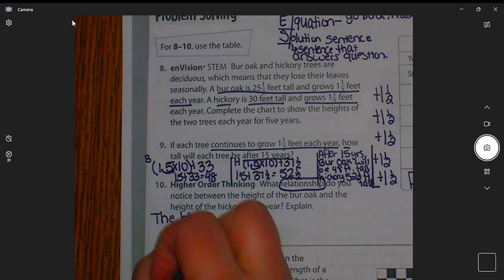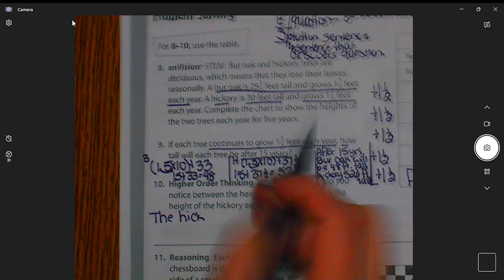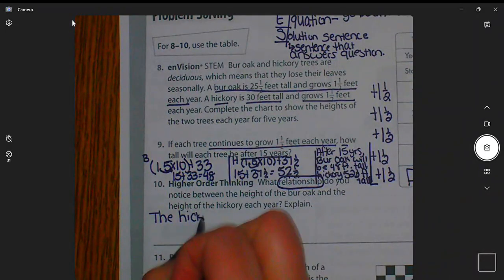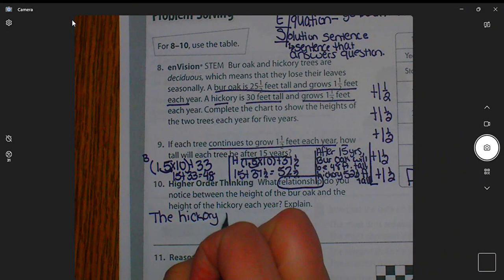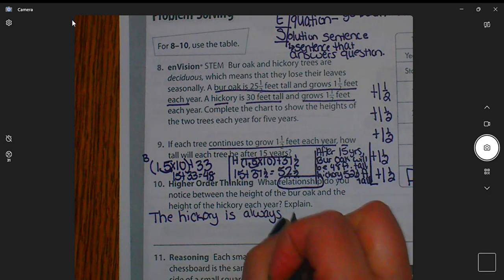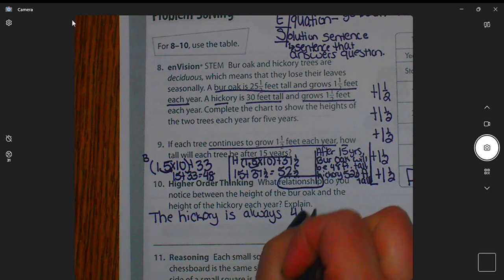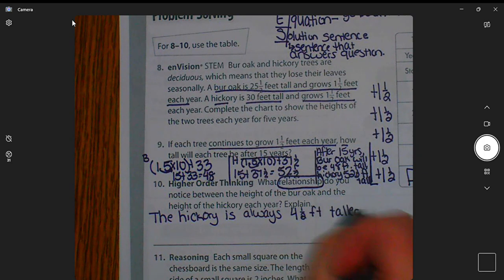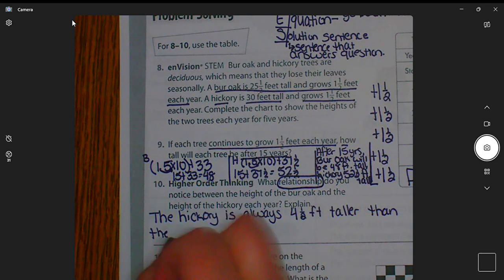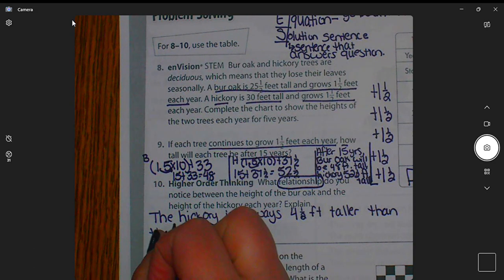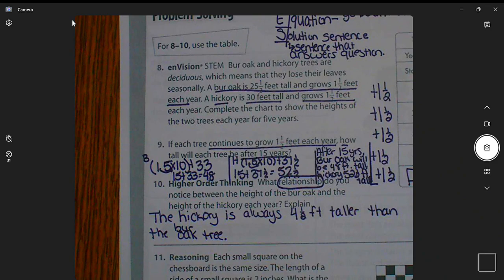The hickory, because remember we're writing a solution sentence, so it has to be a sentence that answers the question. The hickory is always 4.5 feet taller than the burr oak tree.